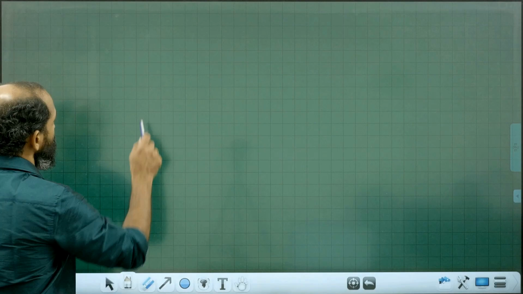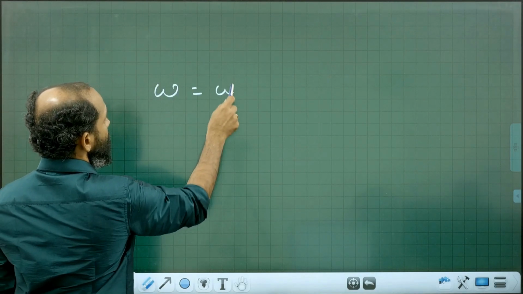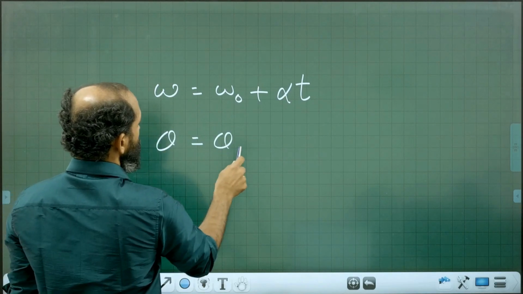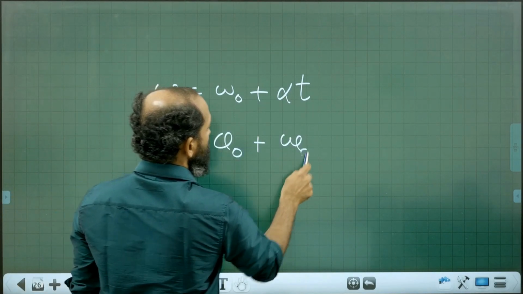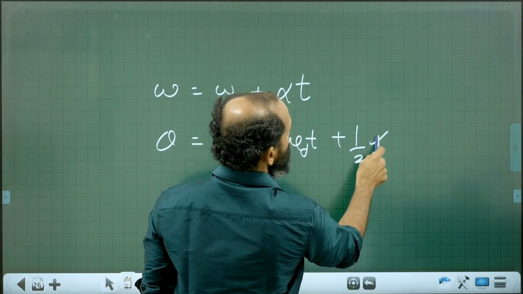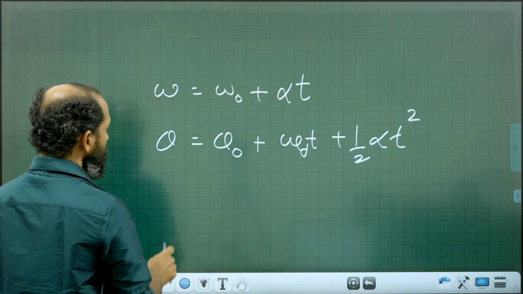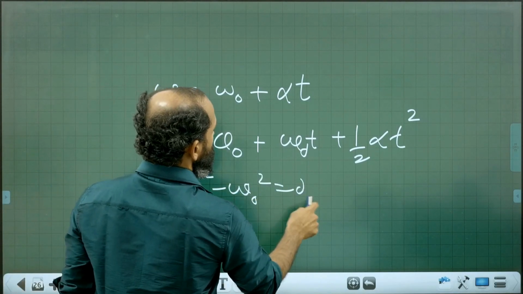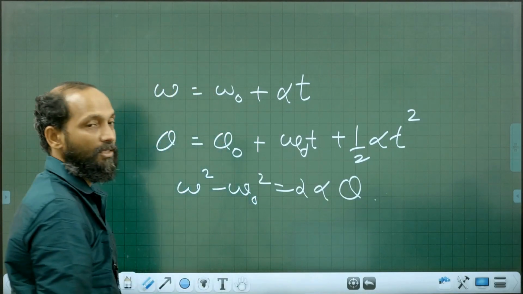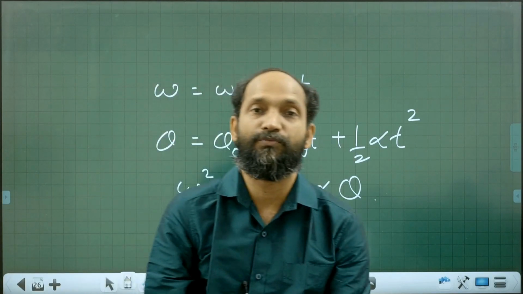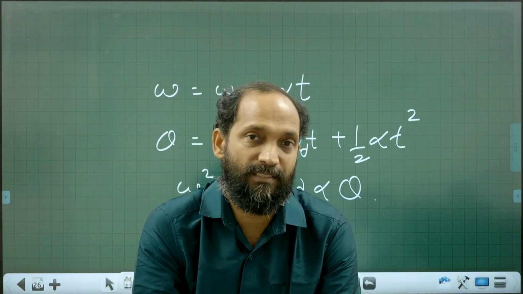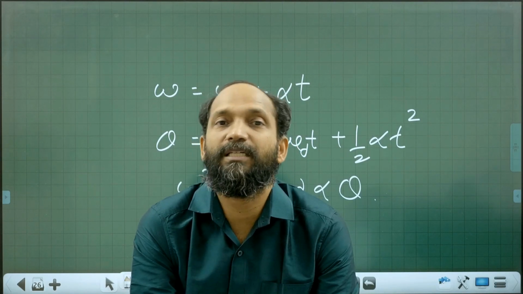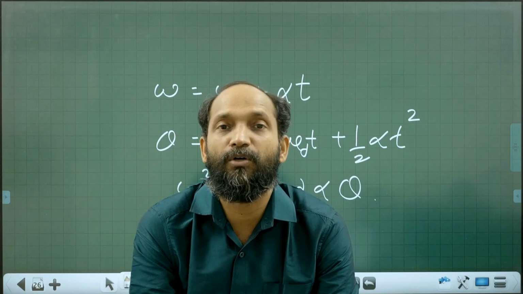Rotational kinematic equations are omega equals omega 0 plus alpha t; theta equals theta 0 plus omega 0 t plus half alpha t square; and the third one is omega square minus omega 0 square equals 2 alpha theta. All these rotational kinematic equations are used for constant angular acceleration. All this makes this chapter lengthy and also more important for all competitive examinations.